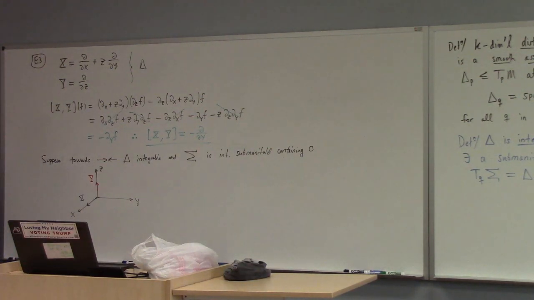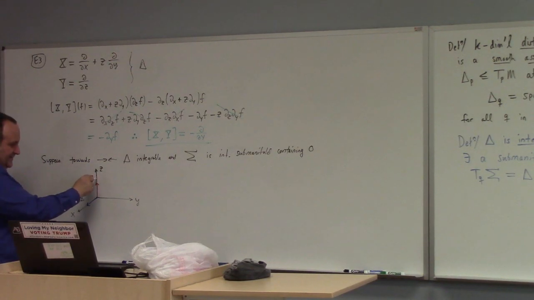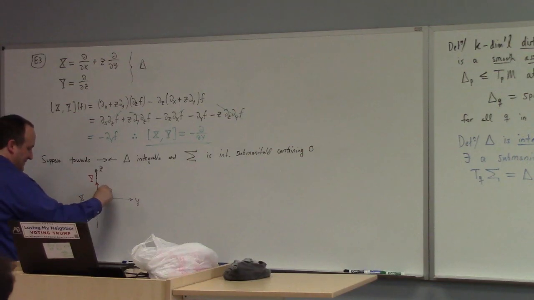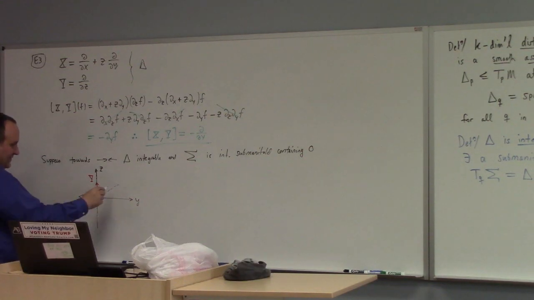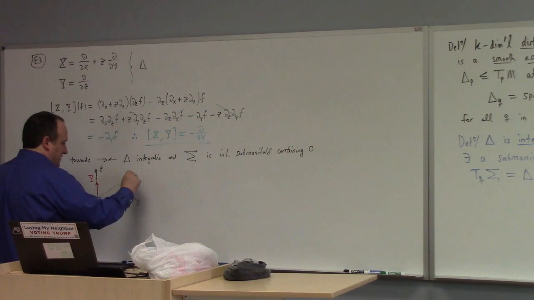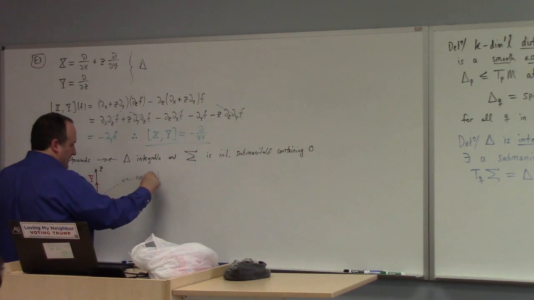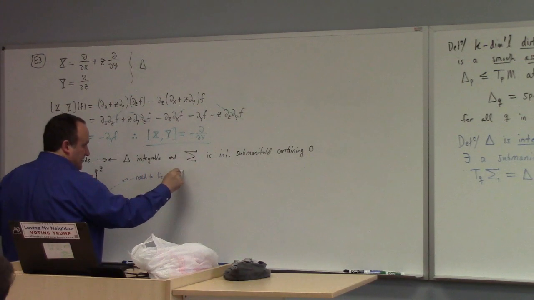So that means that, by the way, the integral curves to any vector field in your distribution must fall in the integral submanifold. Does that make sense? So that means that the z-axis and the x-axis, these guys need to lie in sigma.